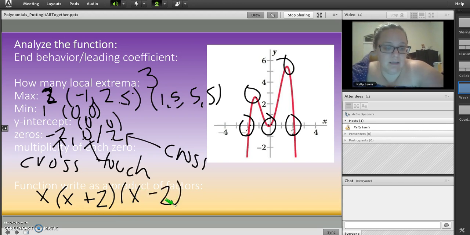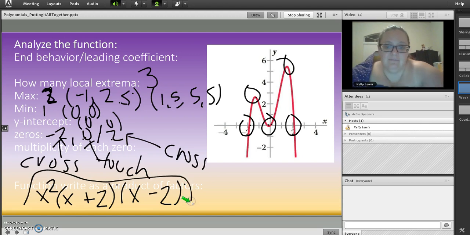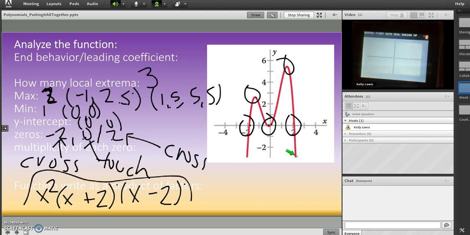All right, and so for a cross, you just have a 1. For a touch, you put squared. And so when we multiply this guy out, he'll look like this. And so we can verify that by just typing in our calculator. X squared, parentheses, x plus 2, x minus 2. And he will look like our graph.